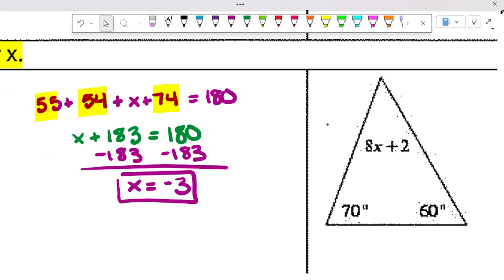Everyone's pencils up and moving. So it's almost the exact same process as what we just did.